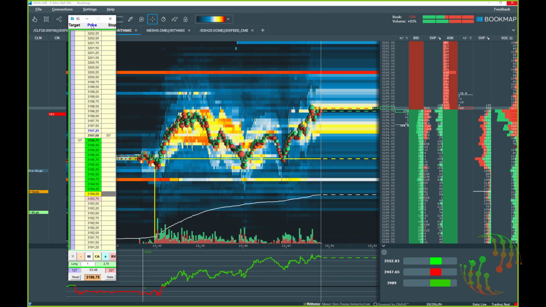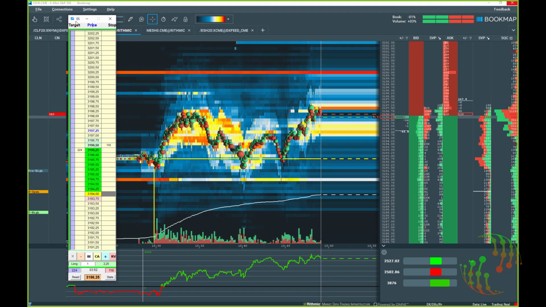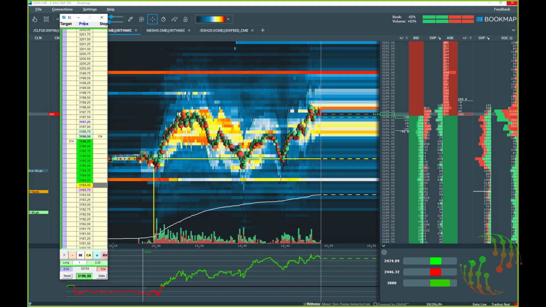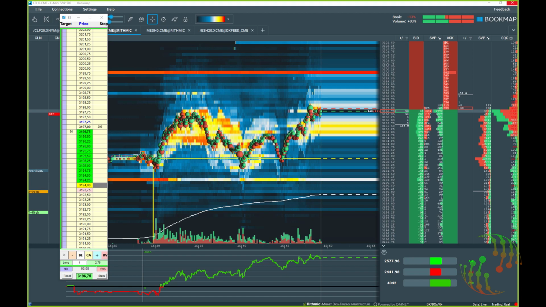And that gives us the chance to join the market when the market is trending. But at the moment, everything is on the upside.